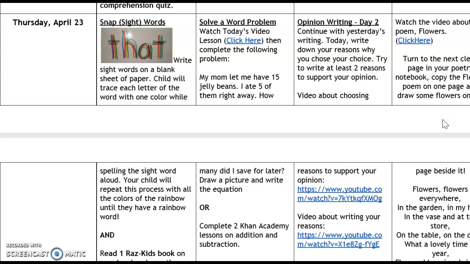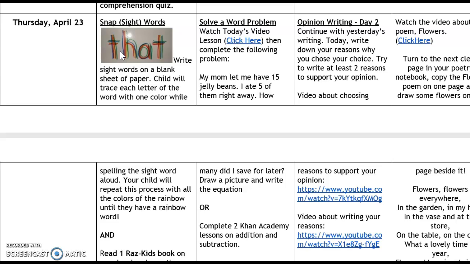So Thursday, we'll have another snap or sight word activity, and it's rainbow writing sight words. I added a little picture here for you so that you could see what it should look like as a finished product. So in order for it to be an activity where we're actually practicing sight words, I ask that you write the whole word through once.